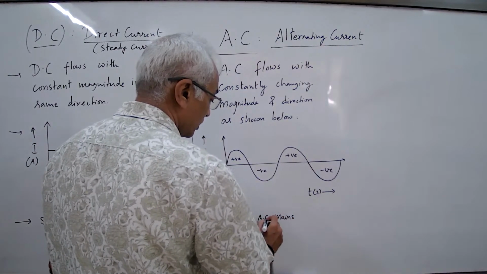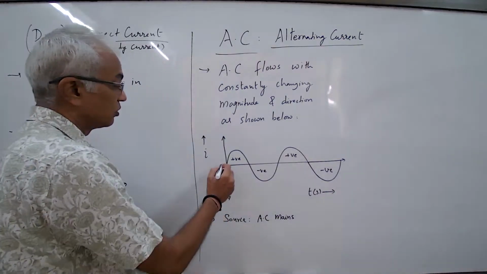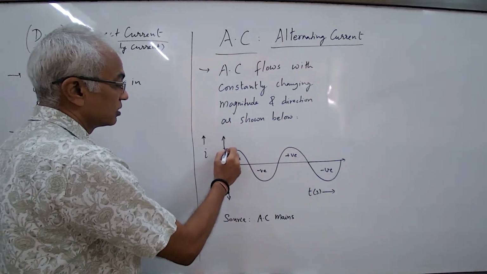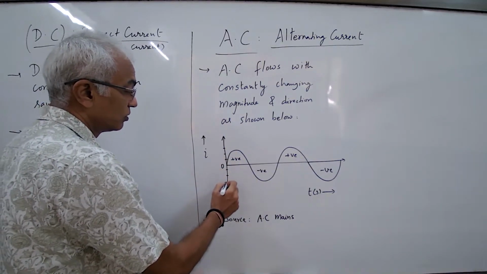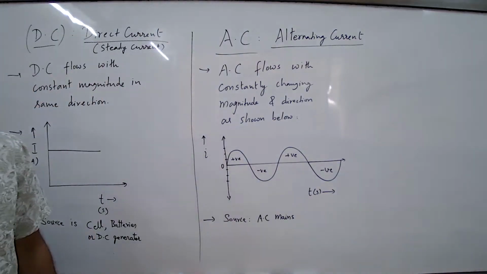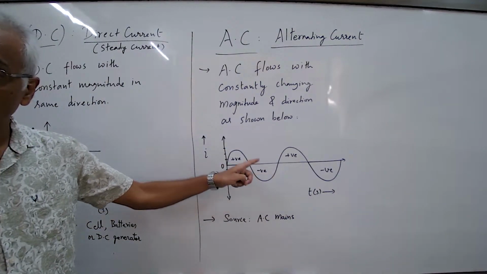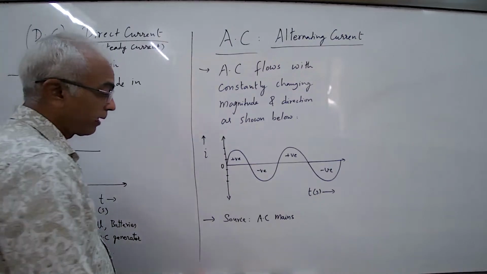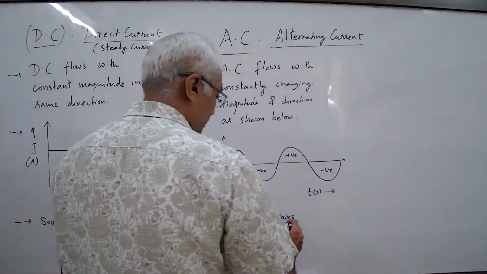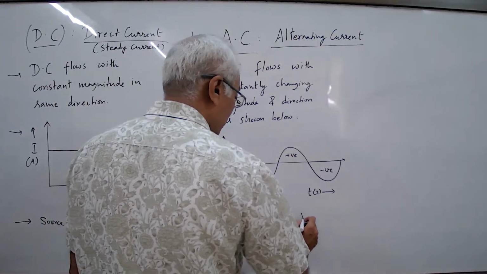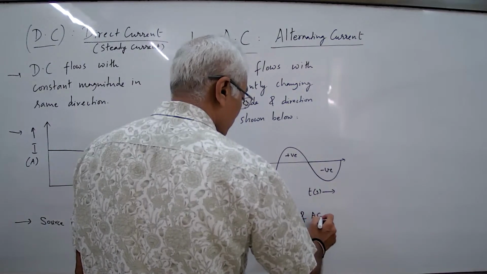Only direction is changing, right? Is the value on the y-axis changing or not? It changes: 0, then reaches a certain value, then again decreases that way. So source: AC mains and AC generator.